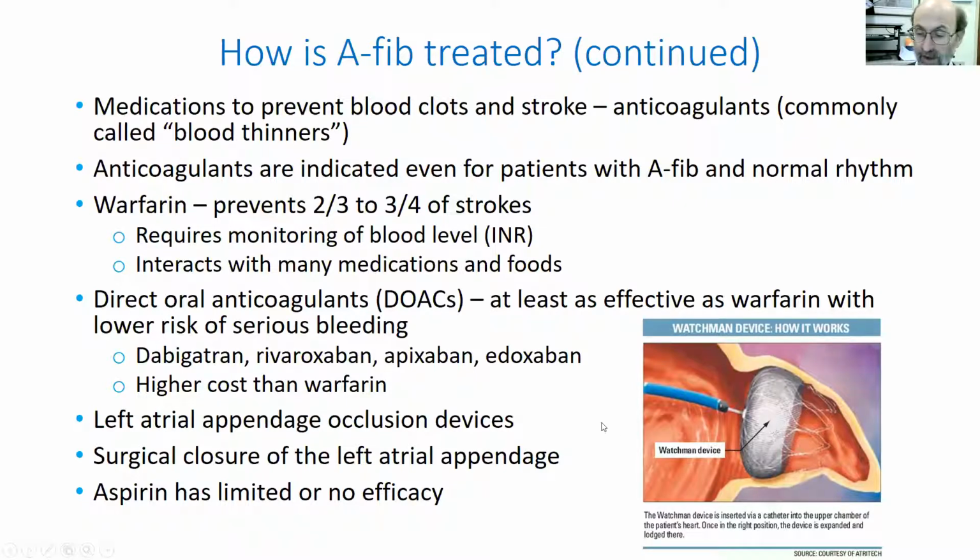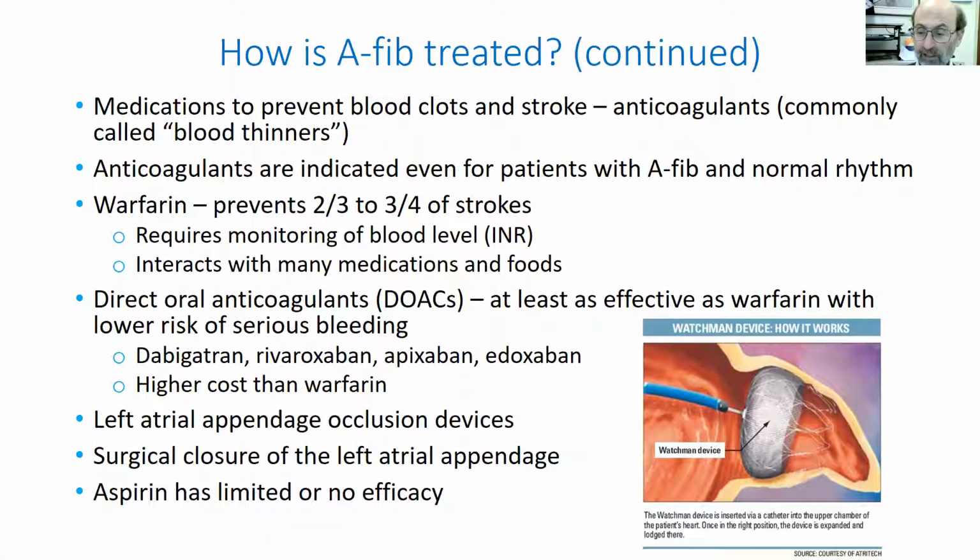We usually recommend that people be on some type of protection from clot formation for anywhere from 1 to 3 months after having one of these devices put in. It may not be full anti-clot medication. It may be something like aspirin and a medication called Plavix or clopidogrel to prevent any clots forming around this particular device.